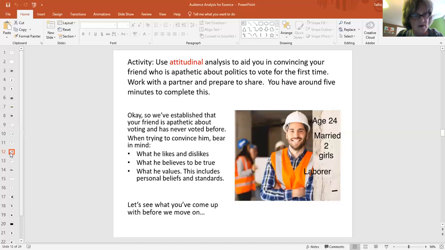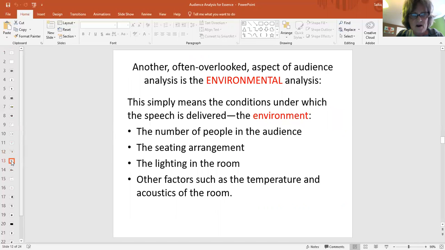Okay, so moving on. This next aspect is environmental analysis, and this simply means the conditions under which the speech is delivered, the environment: the seating arrangement, the number of people, the lighting, whether people can see or not, and other factors such as the temperature and acoustics of the room.